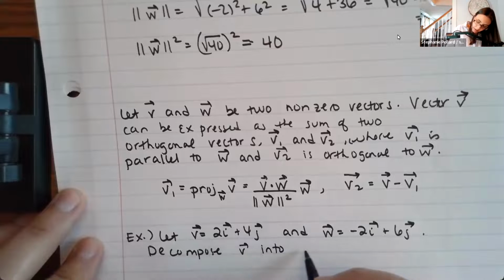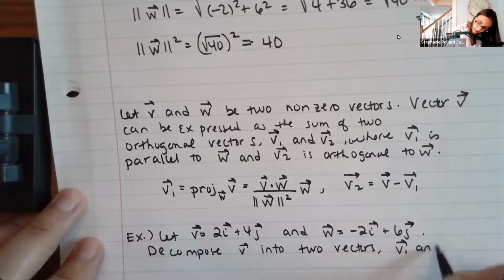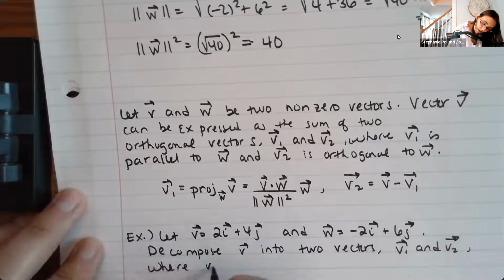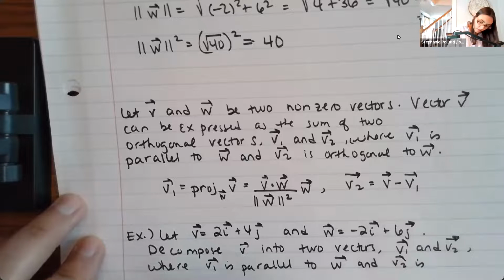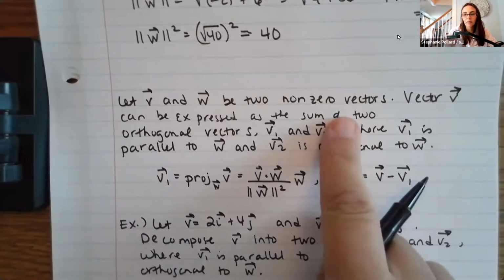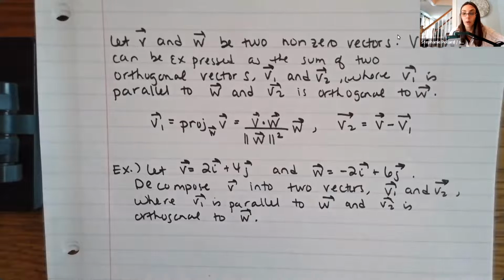V into two vectors, v1 and v2, where v1 is parallel to w and v2 is orthogonal to w. So basically that just means use this formula here. That's really what we're telling you to do. So we're breaking it down in a very specific way, right? Because obviously you could break things down in many ways. This is a very specific way.